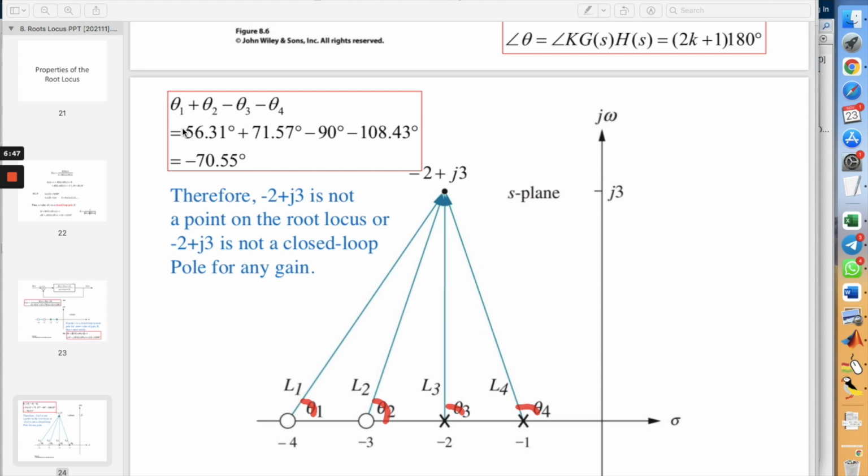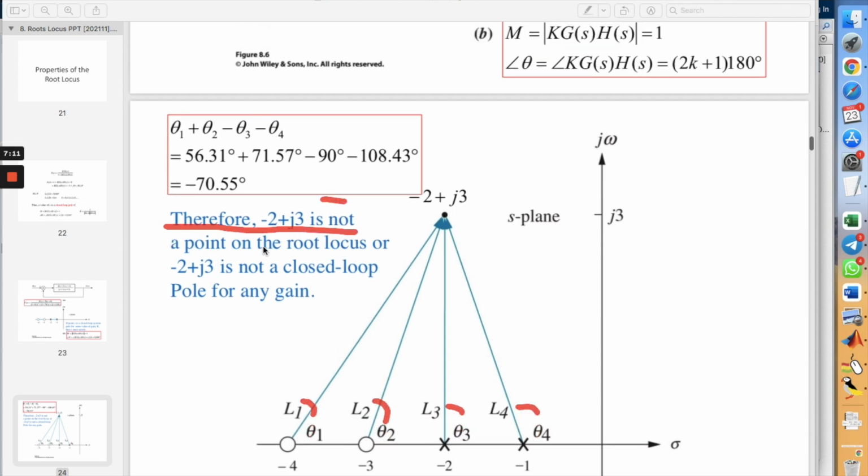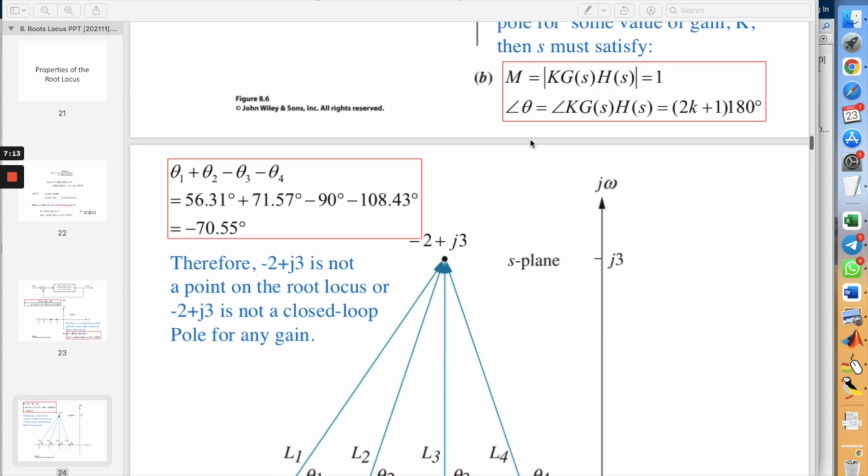The summation of the angles equals negative 70.55. From this value, we can conclude that negative 2 plus j3 is not a point on the root locus, because it does not meet one of the characteristics. The angle must be a multiple of 180 degrees.